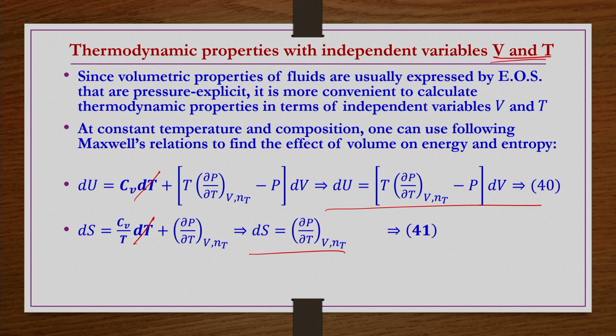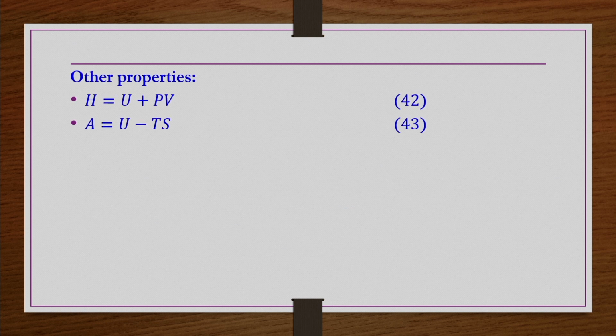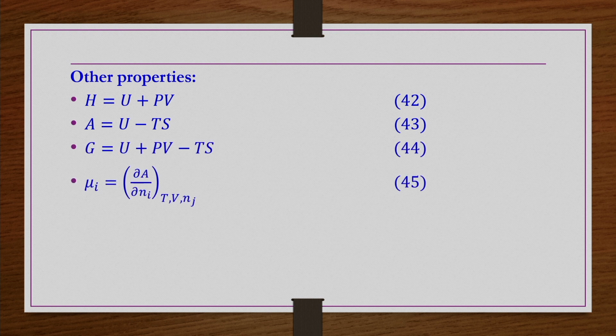Once these two are known, all other things we can easily calculate, as we have several relations like H is equal to U plus PV, A is equal to U minus TS, G is equal to U plus PV minus TS, and then chemical potential. When defining chemical potential as a function of Helmholtz energy, it is ∂A/∂N_i with T and V kept constant along with N_j.